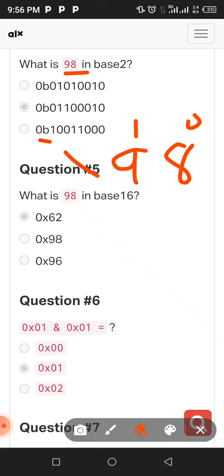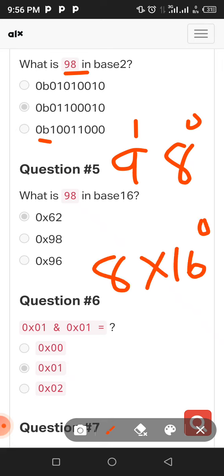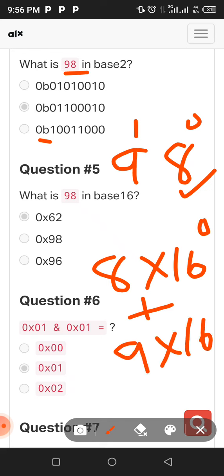So I'm going to convert this to base 16. 8 times 16 raised to the power of 0, that is for this one, plus 9 times 16 raised to the power of 1. 16 raised to the power of 0 is 1, and 1 times 8 is still 8.